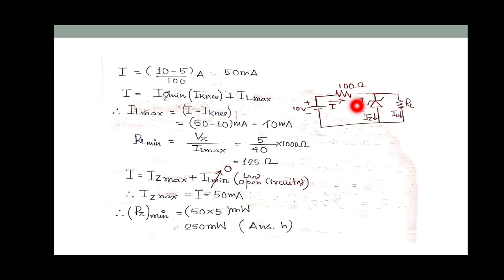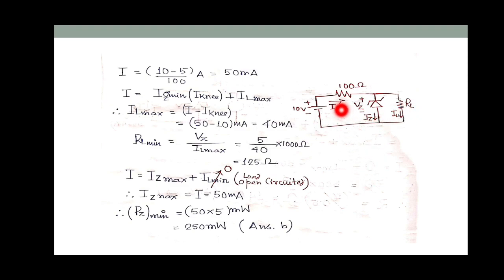VZ is constant, so we have to find out for this circuit what would be the value of IZ. The value of IZ equals I minus IL. So IZ will be maximum when IL will be 0 because I is constant.